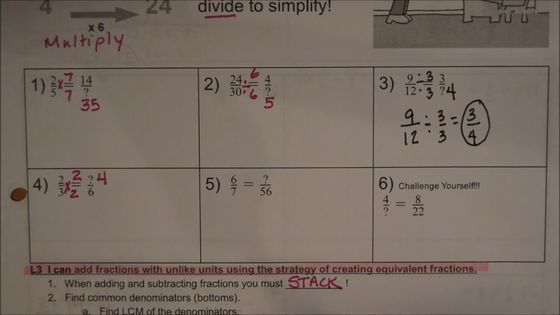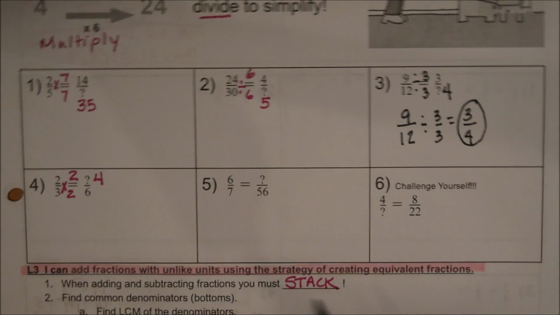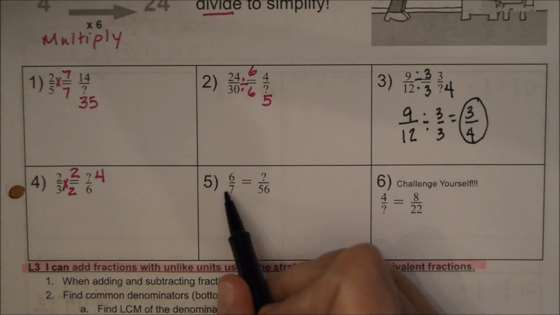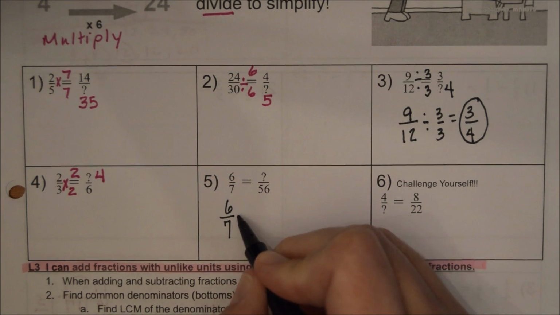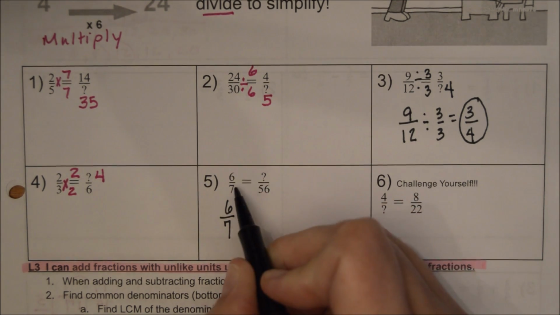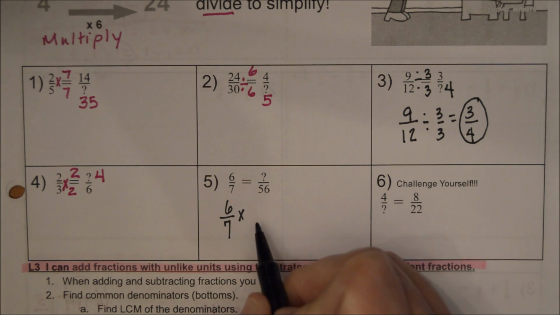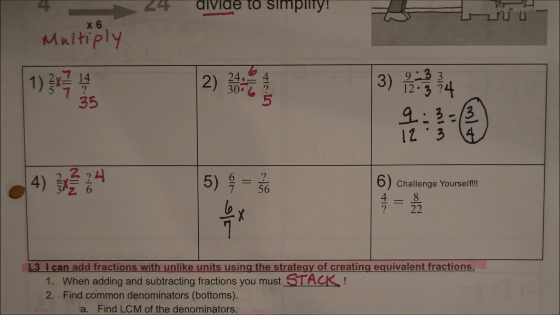All right. We did number 4 together in class. Let's do number 5. We're going larger, so we're going to be multiplying. So 7 times what is 56? Figure it out. You can skip count, whatever it takes.